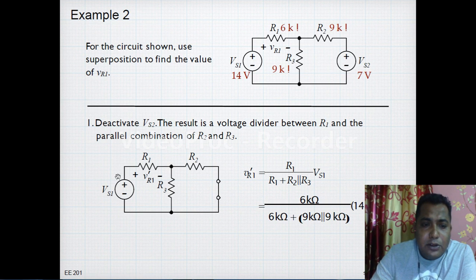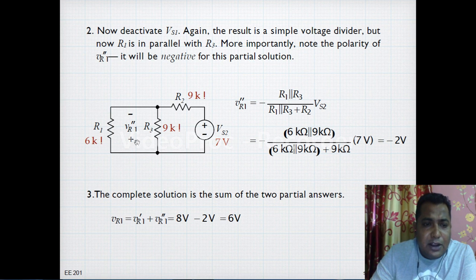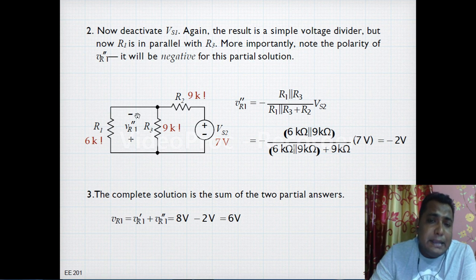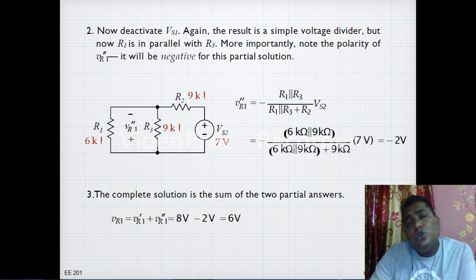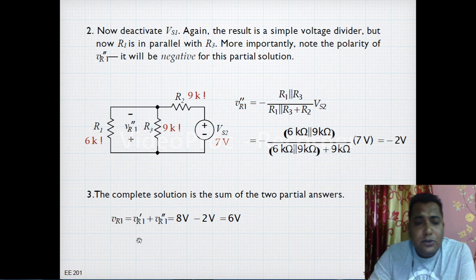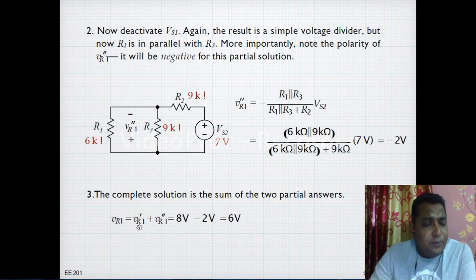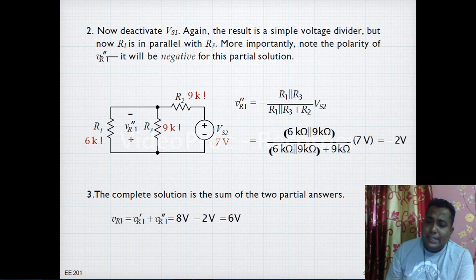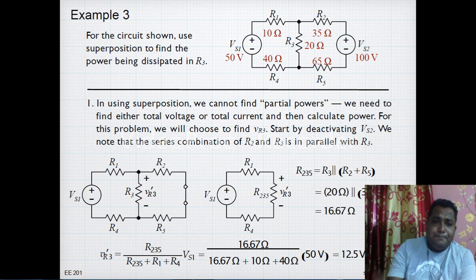Here there is a plus, then a minus. Here also there is a plus, there is a minus. So both are in the same polarity. If both are in the same polarity, it must be additive. So the total voltage across R1 is equal to VR1 bar plus VR1 double bar. Just adding them as per the potential, 8 volt minus 2 volt, that is 6 volt. So that is the answer.